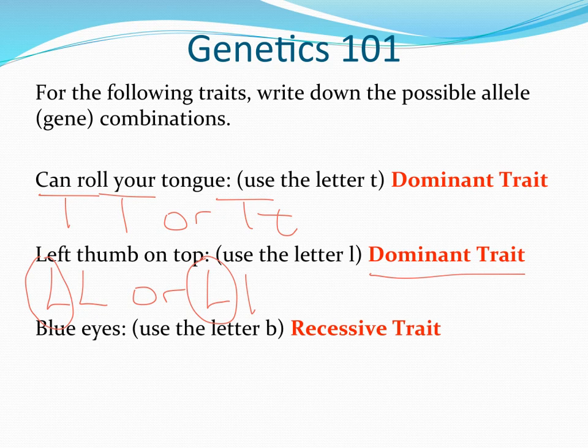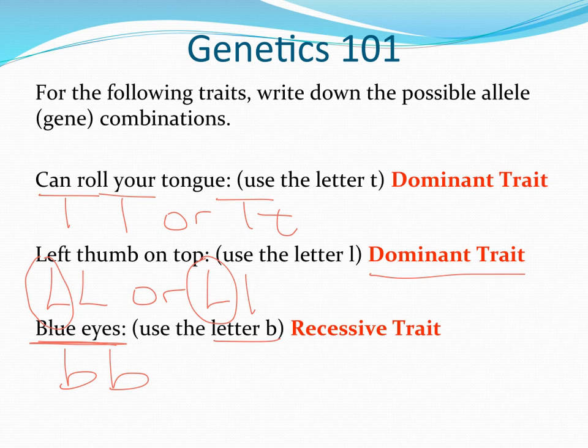Finally, for the trait blue eyes, we're going to use the letter B to represent this allele. This is a recessive trait. What letters would you write down? Well, you would put down little b, little b, and that's all you can put down.